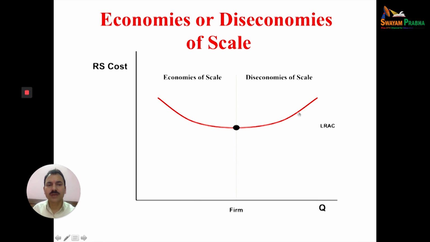So this side we have the diseconomies of scale. The left side has economies of scale, and the right side has diseconomies of scale. Diseconomies means there is a loss: the cost is increasing, whereas economies means the cost is decreasing due to the increase in output. So economies of scale are due to expansion of the firm's own size.